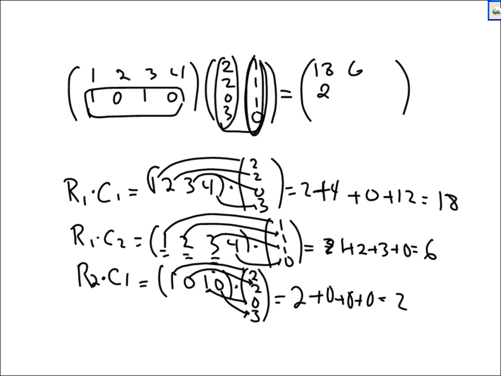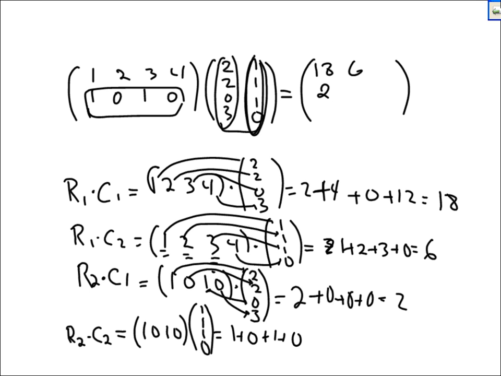Now we're going to dot row 2 with column 2. This is row 2, and column 2 is that. When we add these, we get 1 plus 0 plus 1 plus 0, which is 2 again. In the row 2, column 2 position, we put 2.